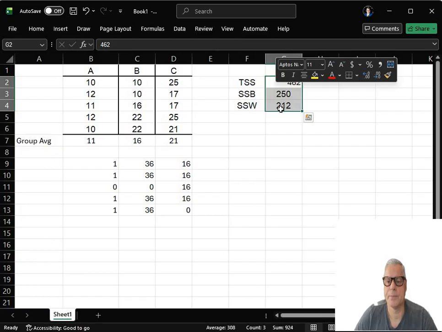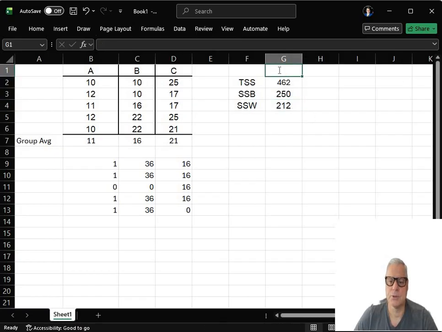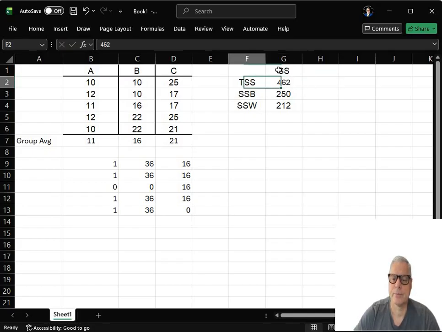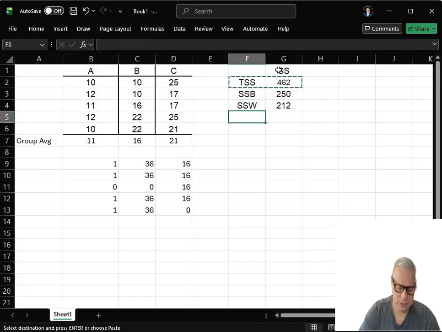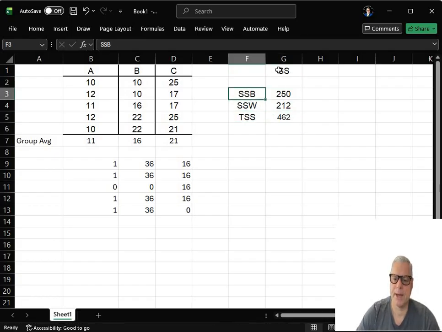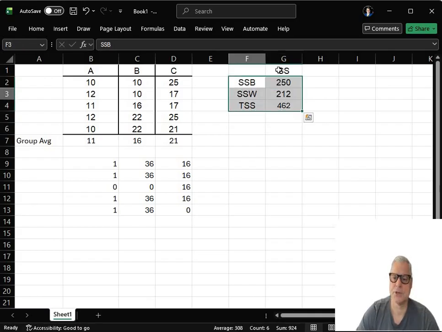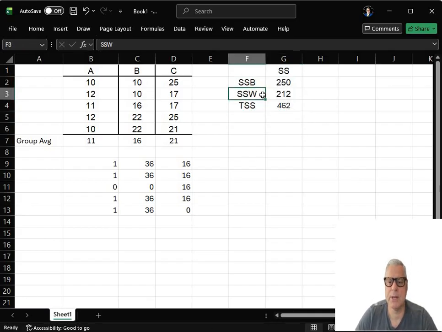Okay, so those are the sum of squares. And to be more consistent with an ANOVA table, I'll actually put the total sum of squares on the bottom. Okay, so now we have here sum of squares between, within, and total.